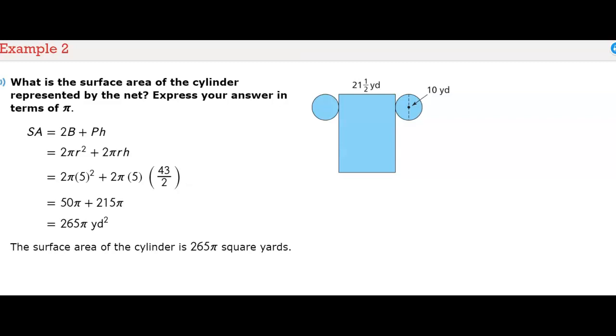And then 50 pi, because 5 squared is 25 times 2 is 50, so 50 pi plus 215 pi, and that is 5 times 43 over 2 times the 2, which is 215 pi. Then you add the 50 and the 215, you get 265 pi, and pi just stays there instead of changing it to 3.14 or 22 over 7, so it's just 265 pi square yards.